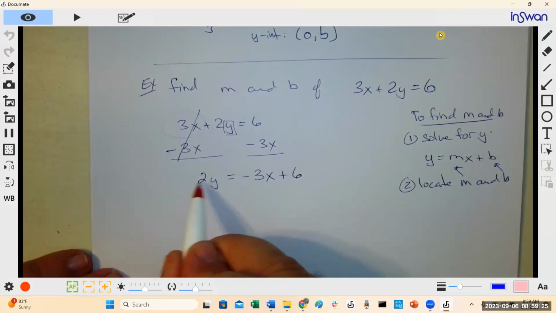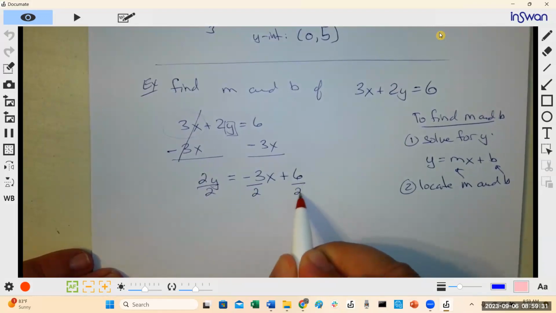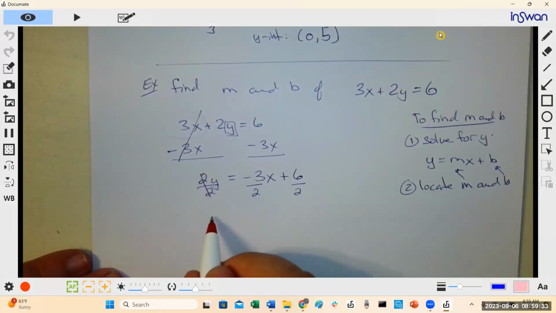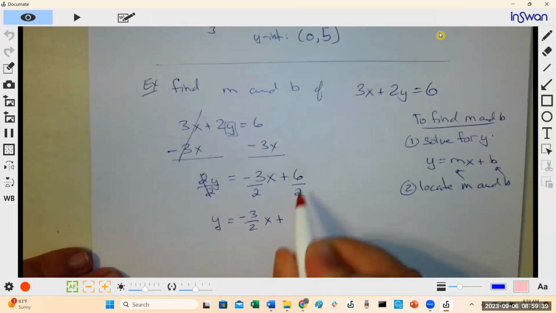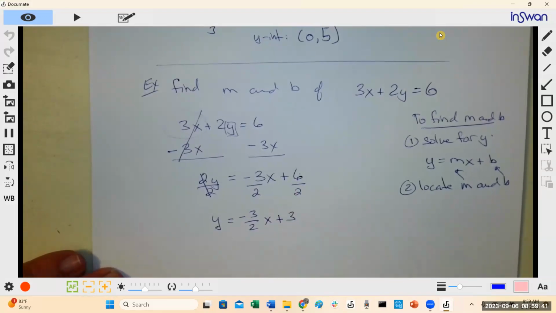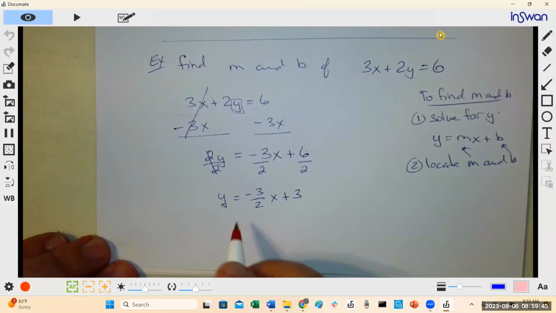We'll get y by itself, so we get rid of the 2. Since it's multiplied, we have to divide each term by 2. Negative 3 over 2 x. 6 divided by 2 is 3. So your slope, remember, always leave the slope as a fraction.